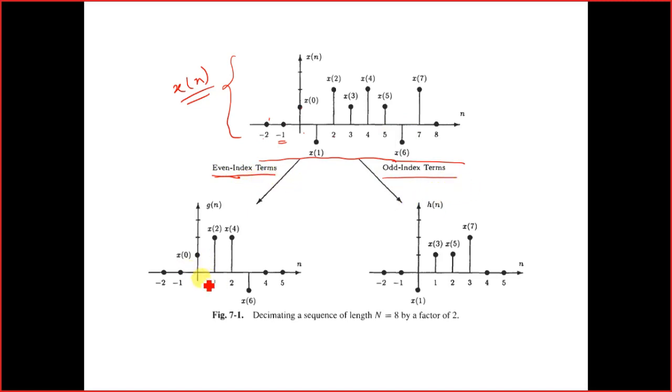Now in the even index terms, when we are indexing it, we get some of the values over here. If you see x[0], in the origin it has come. Now in the decimated even index term signal, you have 1, but you have taken this value.